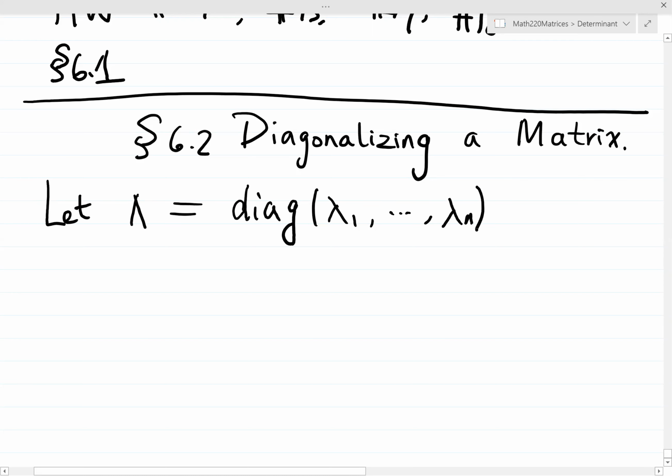To give a diagonal matrix, it suffices to give the numbers along the main diagonal, so we just write it as diag(lambda 1, ..., lambda n). Let Gamma be a diagonal matrix.